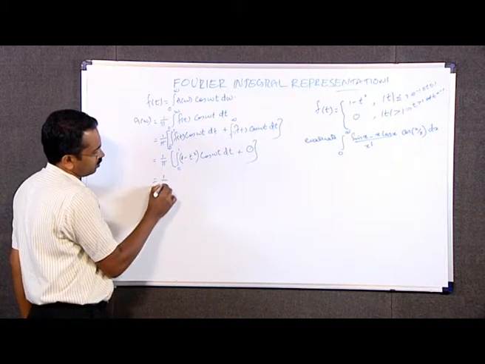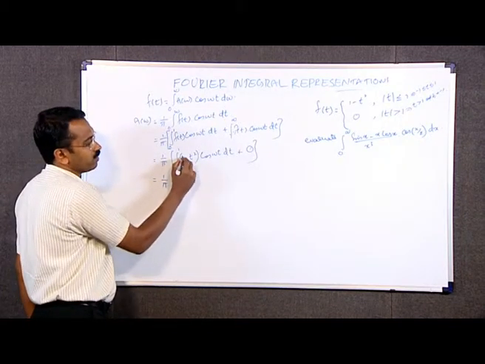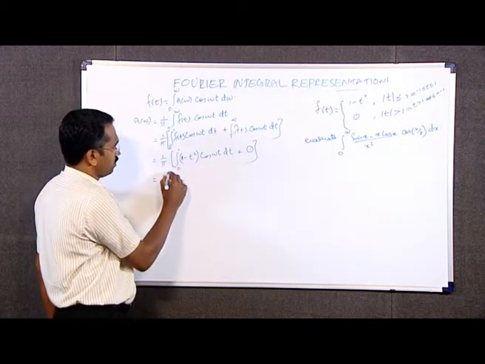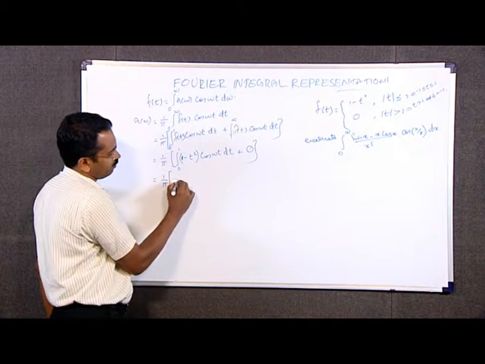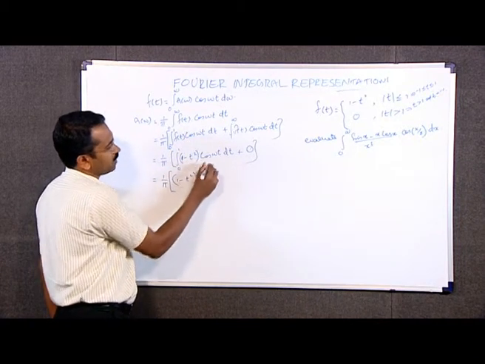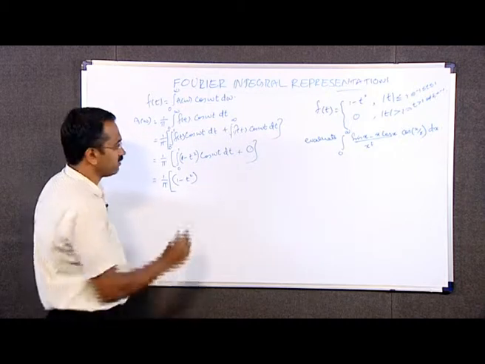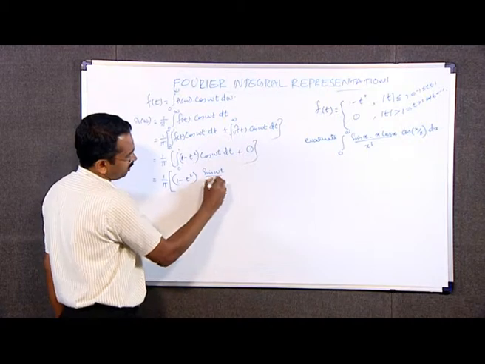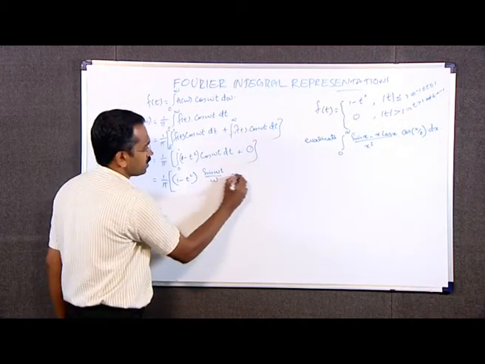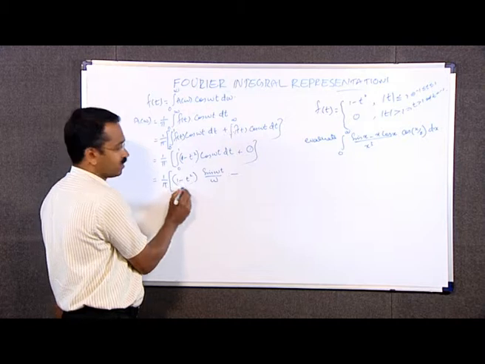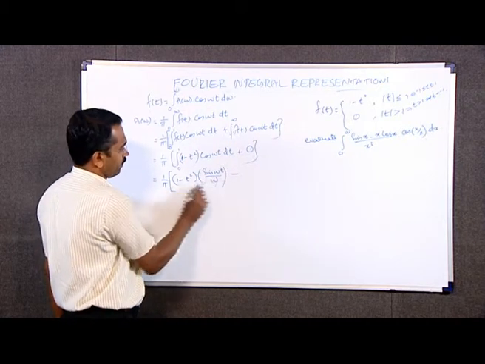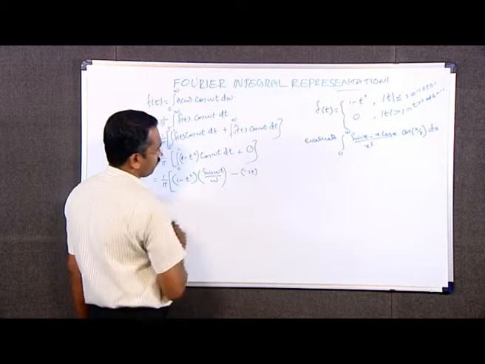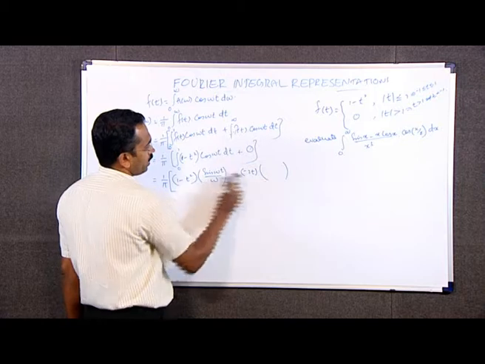This is equal to 1 by pi into, here we use integration by parts, that is first function into integral of the second. Integral of cos omega t with respect to t is sin omega t divided by omega, minus derivative of this function 1 minus t square. Derivative of 1 minus t square is minus 2t into integral of this.